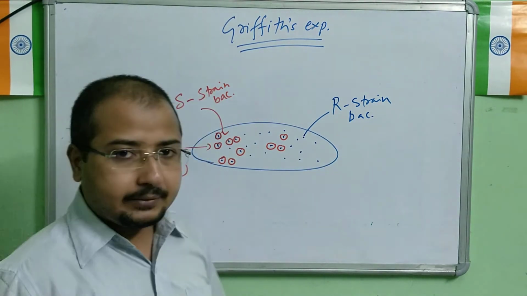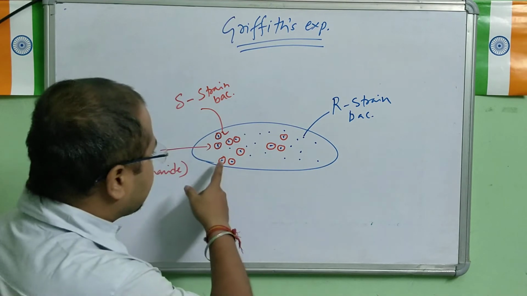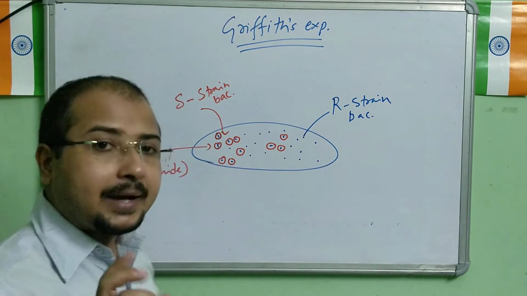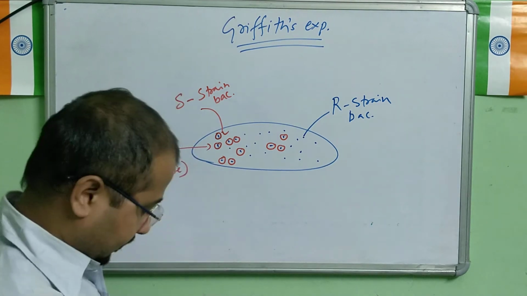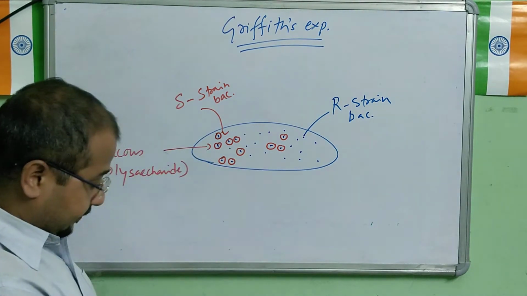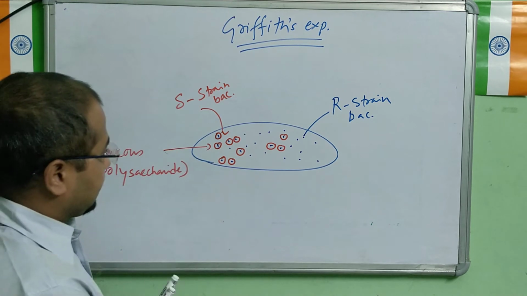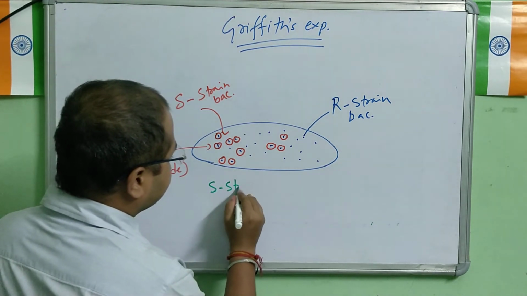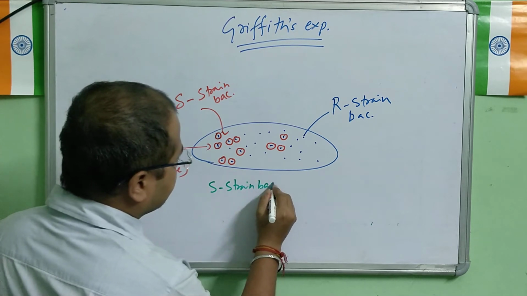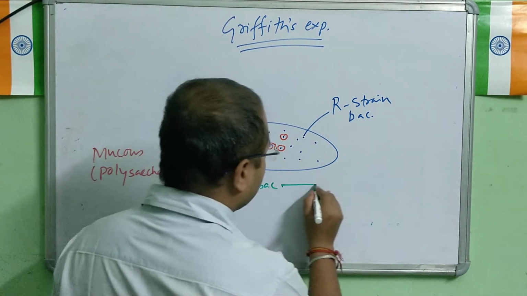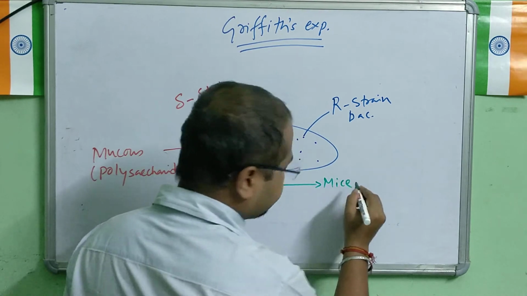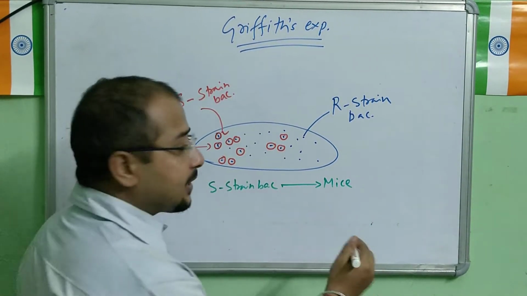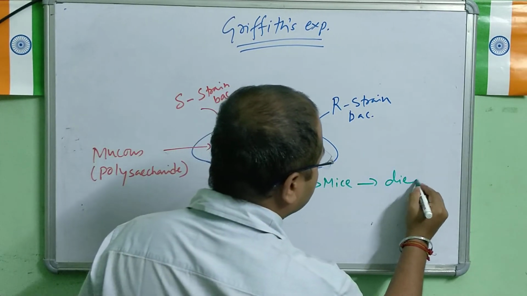Now what he did is that first he injected the S strain bacteria in mice, and he observed that the mice died.